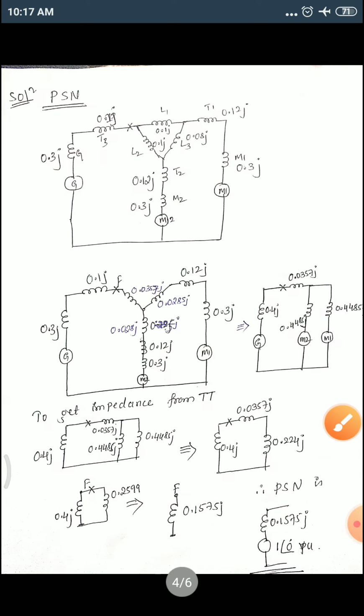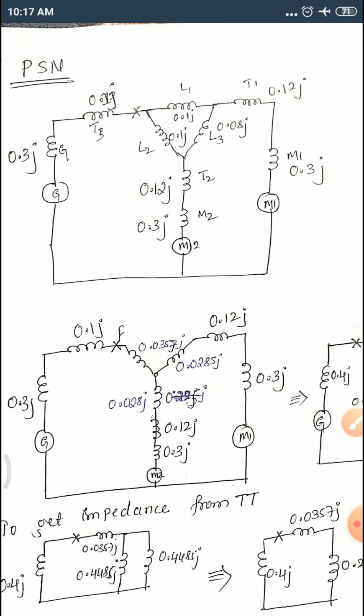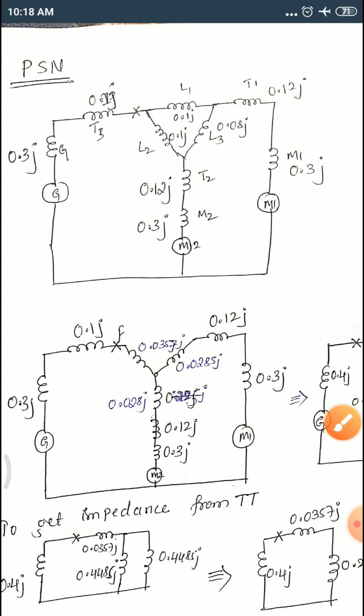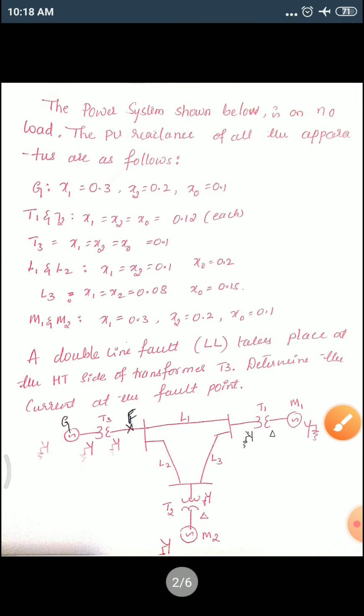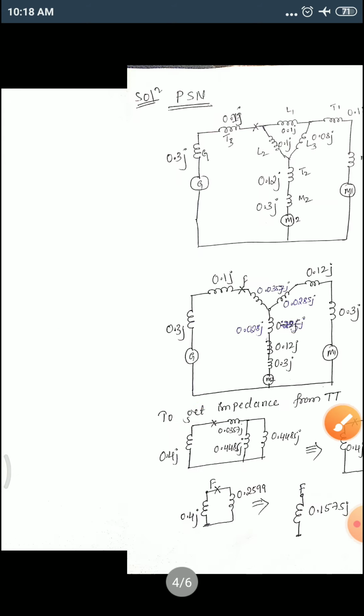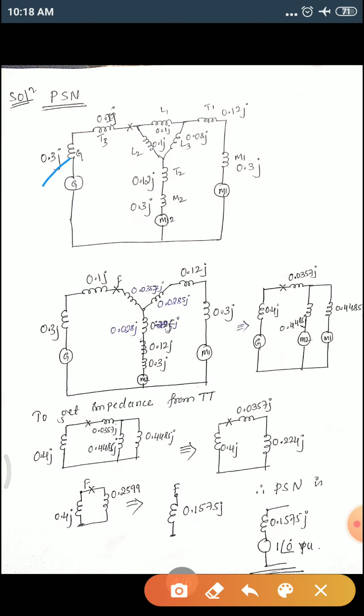Let's see how to solve this. Since we have drawn the circuit diagram, this is a generator and this is transformer 3. Based on that, you have to put the values and substitute. Generator x1 is 0.3 and T3 is 0.1.